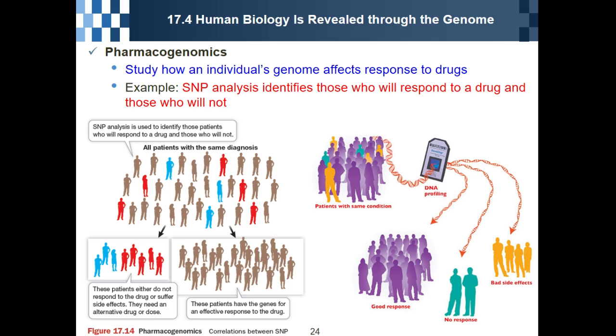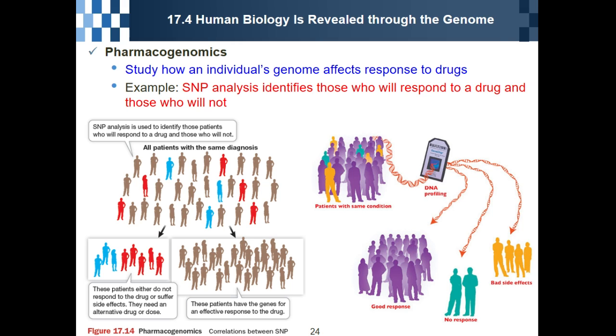will not. So based on the DNA profiling, especially the SNP profiling, people say that this group of people will have a good response to one drug. But this group doesn't have some specific SNP, so maybe this group will not respond to the drug.